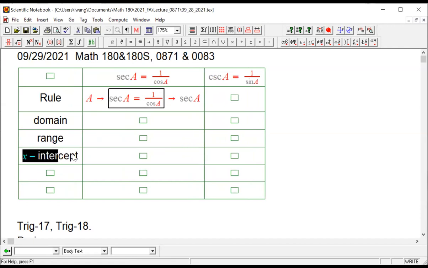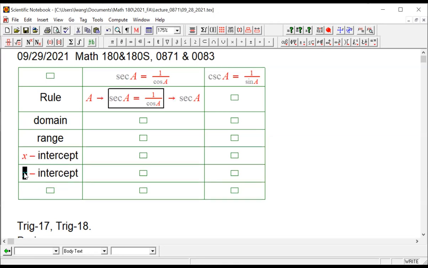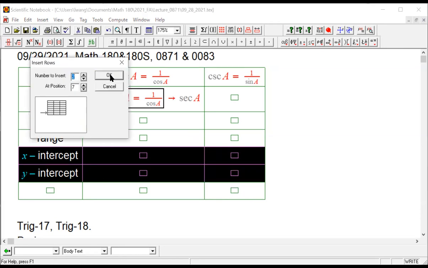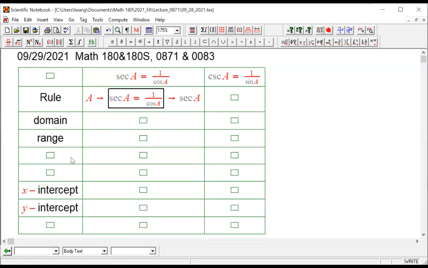Do we have other tendencies like the limit notation? Yes, for these functions, you do. When A approaches certain things, these are to be discovered.